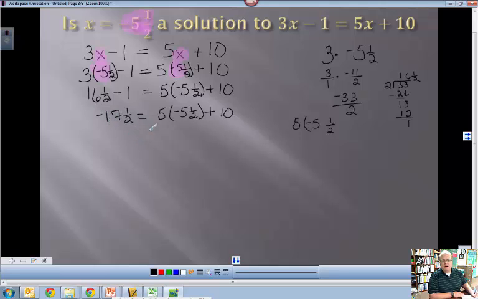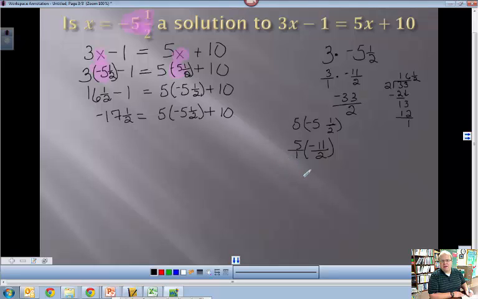Okay. So then I'm going to multiply this through. So I know that this is a negative 11 halves. Okay, it's negative 11 halves.